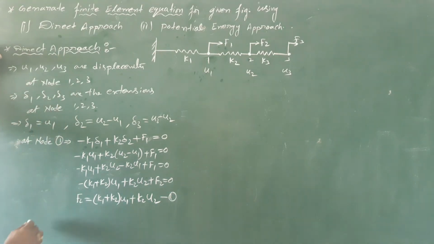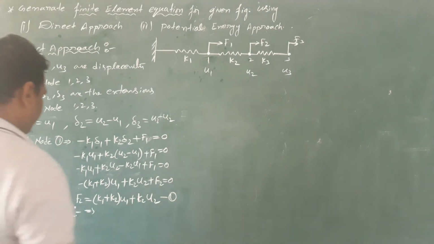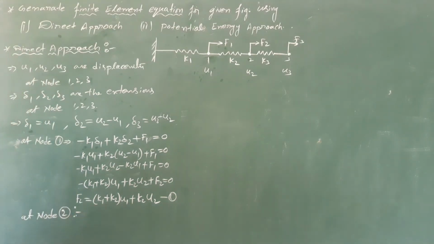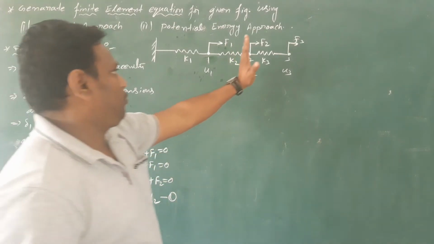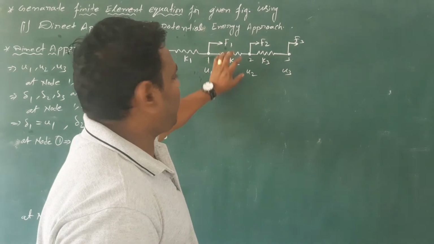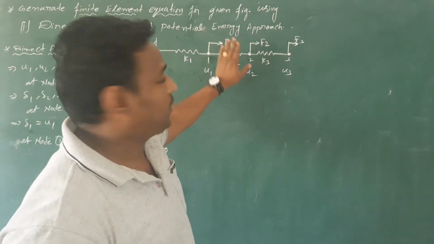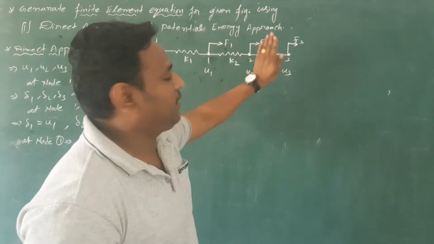Now at node 2, please write the equation here. Node 2 is in between spring elements 2 and 3.